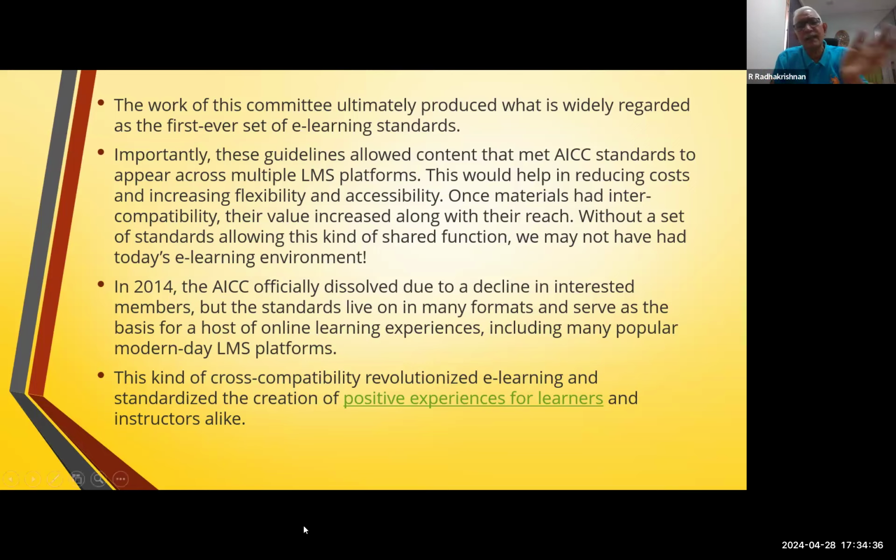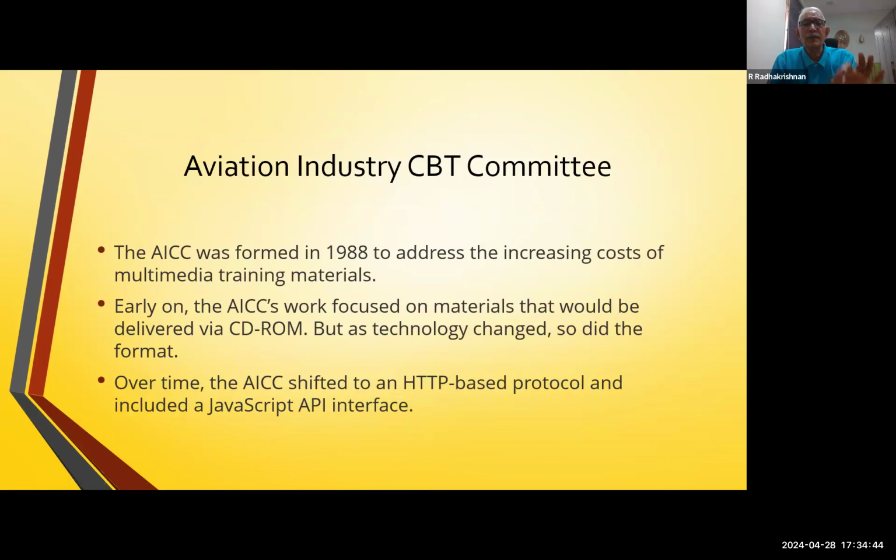These are the standards which came subsequently, but the first standard was the Aviation Industry Computer Based Training Committee. CBT means computer based training. So AICC standards were the first set of standards introduced for e-learning, and thereafter other things started.